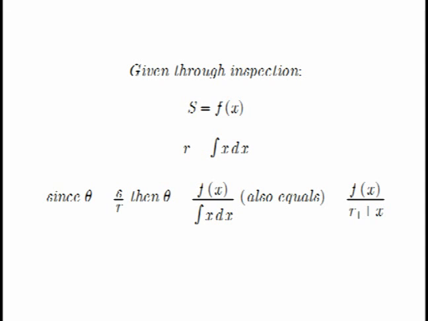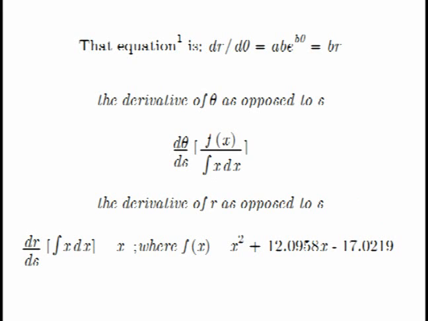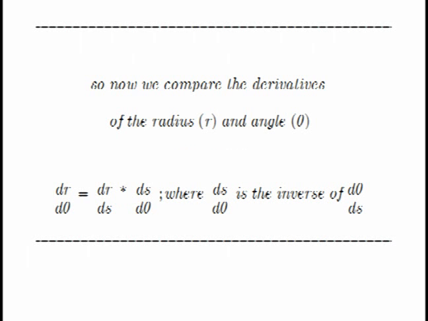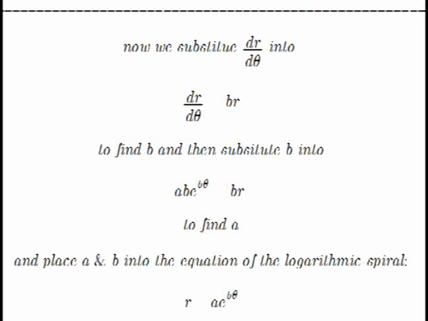We're looking to get the derivative of r with respect to the derivative of theta, so we can plug it into the logarithmic spiral equation. That equation, here it is: dr over d theta is equal to a times b times e to the b theta, which is also equal to b r.